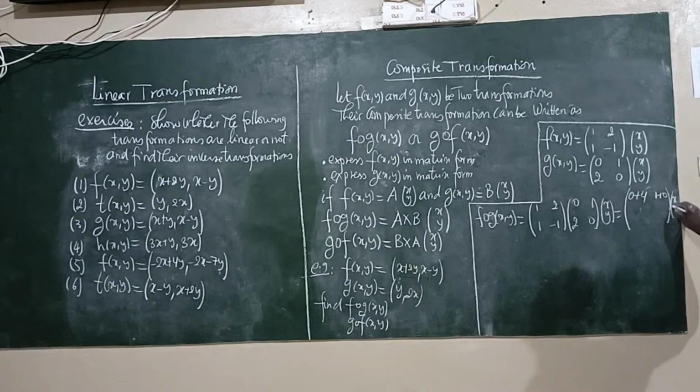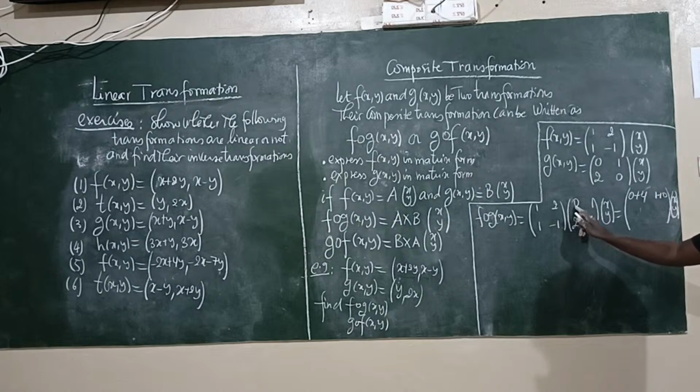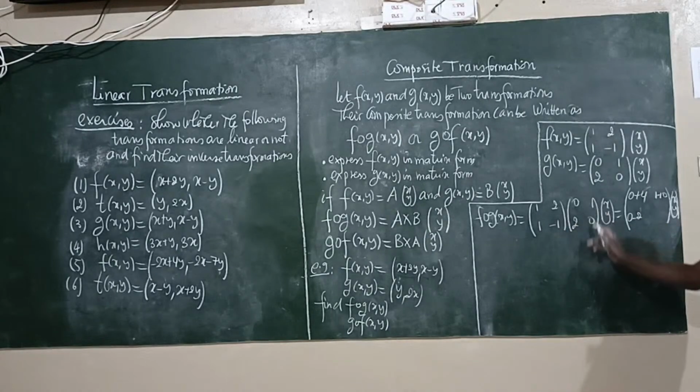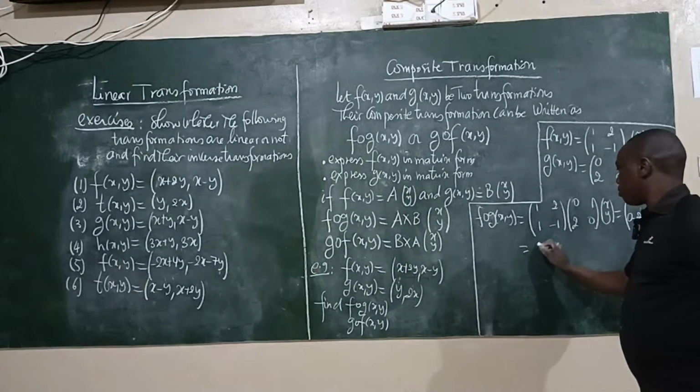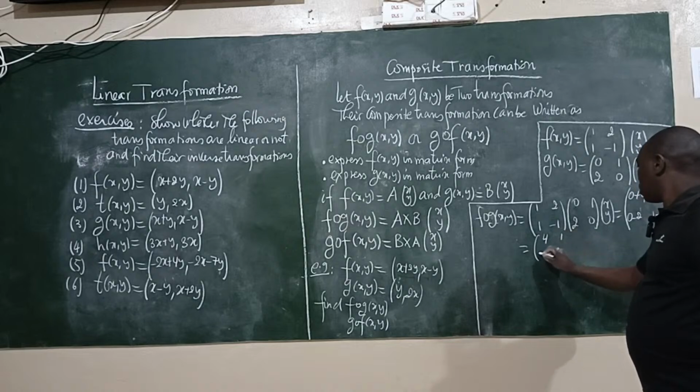Second row: 1 times 0 is 0, minus 1 times 2 is minus 2. Then 1 times 1 is 1, minus 0. So this is going to be 4, 1, -2, 1.